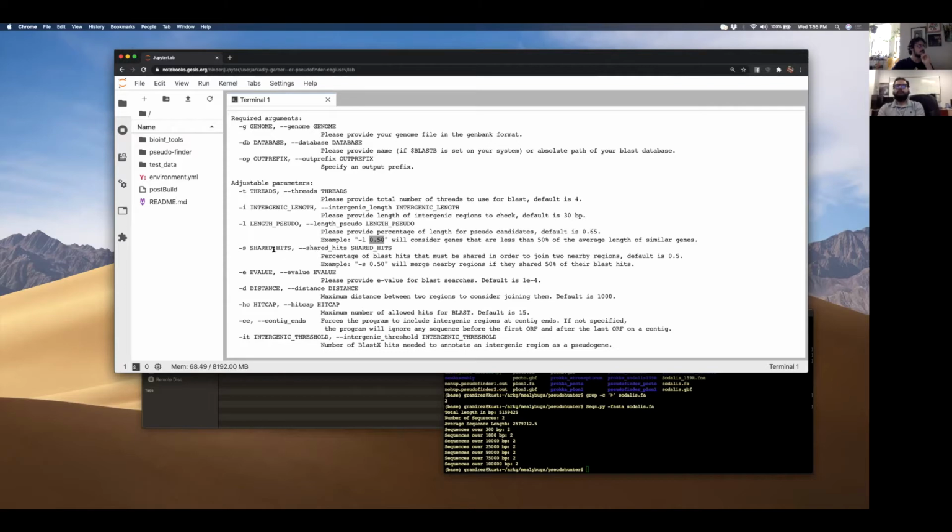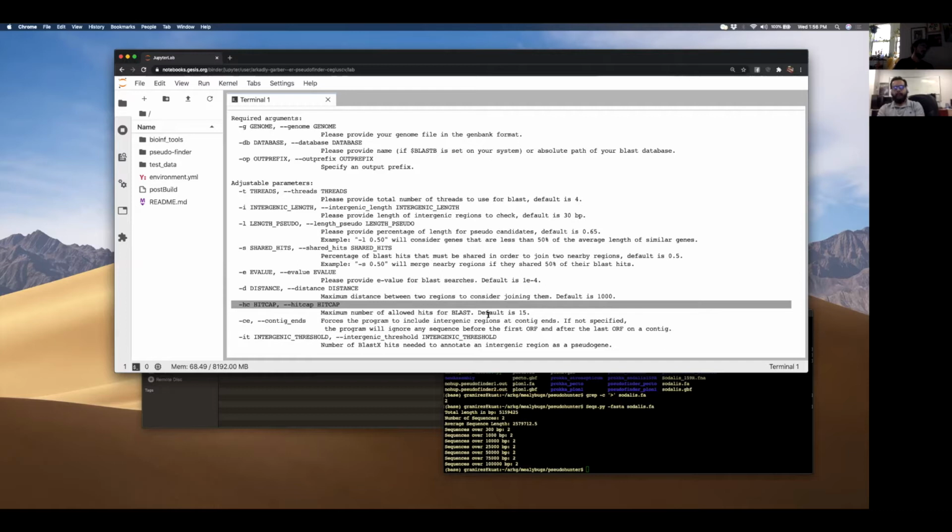Shared hits, percentage of blast hits that must be shared in order to join two nearby regions. So this is related to the fact that, I should actually explain this one first. Hit cap. When Pseudo-Finder runs blast of your query genome against a reference database, it's going to generate a number of hits, a number of homologs.